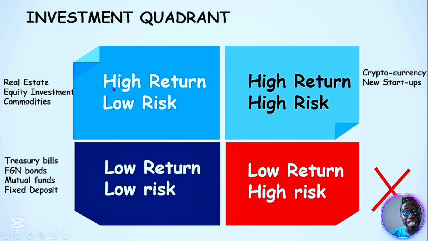So the return is high. When you want to hedge against inflation, this is the best you go for. The return is high and the risk is low. Now, some people may say equity investment, which means shares and stocks investment, is also high risk. That is if you are trading on a short term. But once it is long term, because you would have checked the fundamentals.